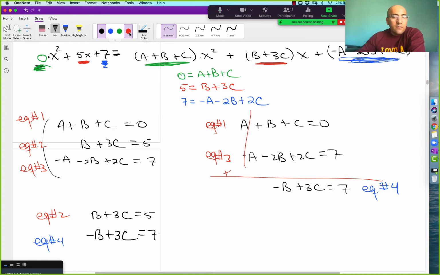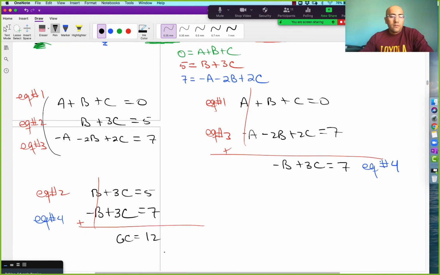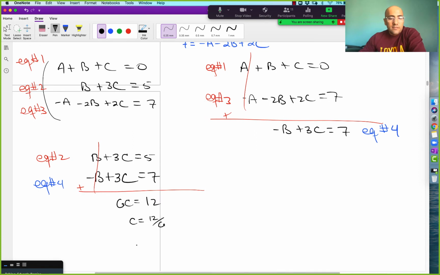Not much work needs to be done. It's a pretty easy question. So then the b's cancel. We end up with 6c equals 12.